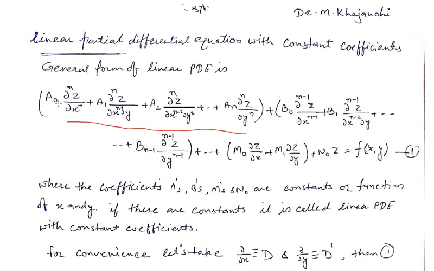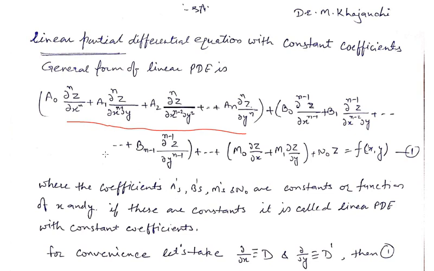Here the coefficients a0, a1, an, b0, b1, b n minus 1, m, n are either constant or some function of x and y, not a function of z. Either a function of x and y or constant.